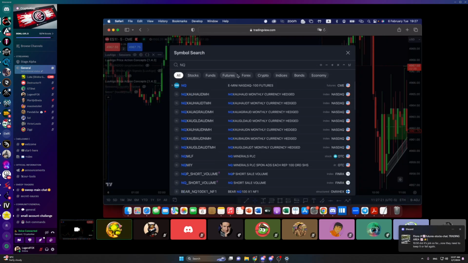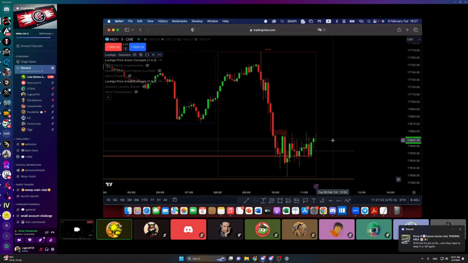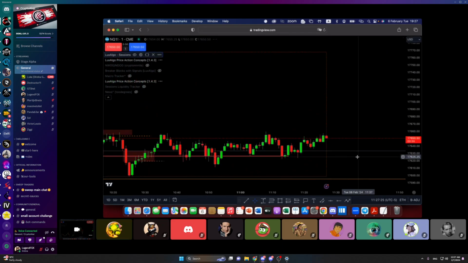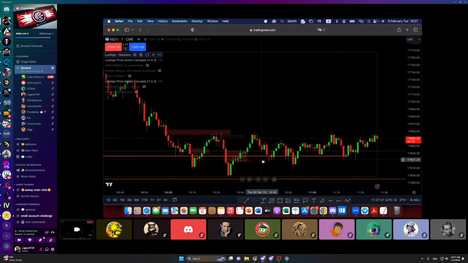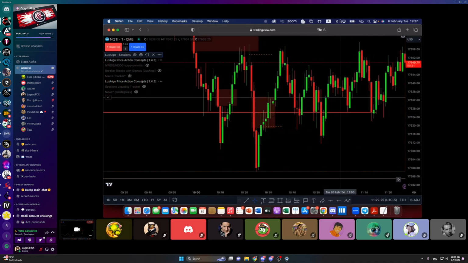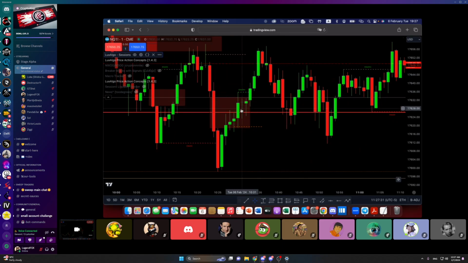On NQ, this last trade I took, there was also this candle going up. It was looking like an FVG. This candle, if it left some portion of this candle open, it would have been an FVG, right? But it didn't.